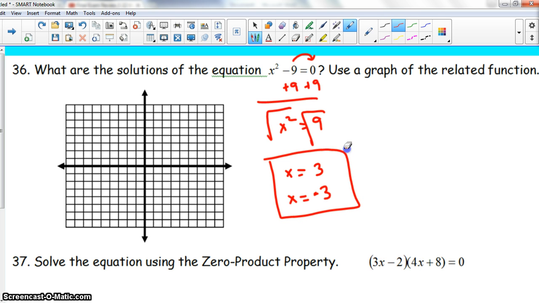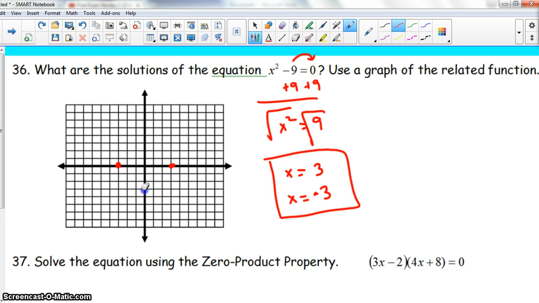Now to show the graph, we know that your parabola should cross the x-axis at positive 3 and negative 3. We know that the vertex is in the middle, and we know that it opens up because the first number, your leading coefficient, is positive. But we haven't discussed where exactly the vertex is.